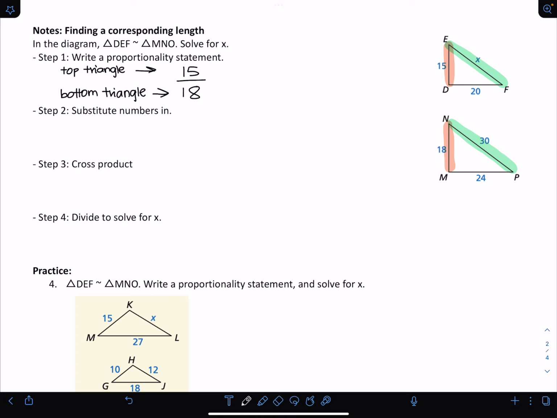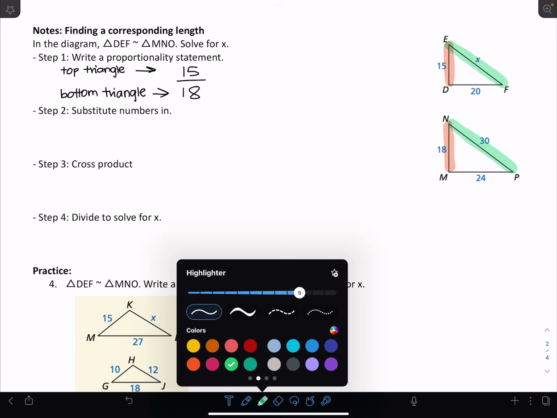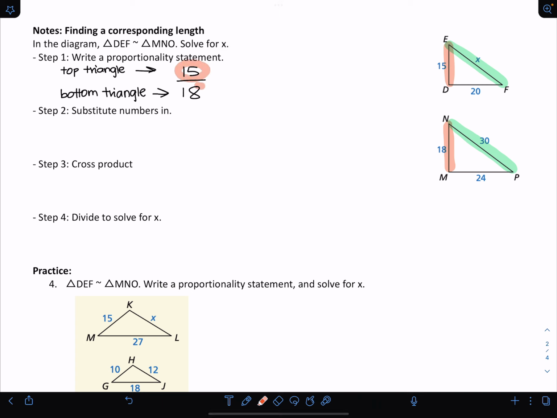And then the next part of the proportionality statement was an equal sign. And now our green sides. On the top triangle, we had an x over the bottom triangle is 30.